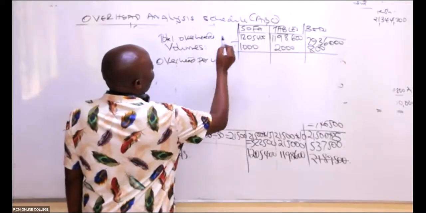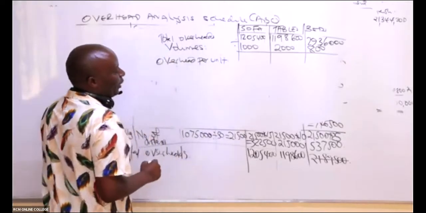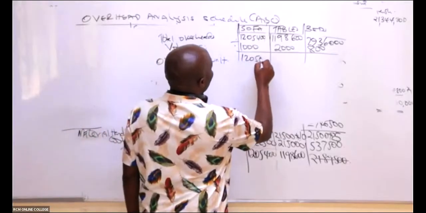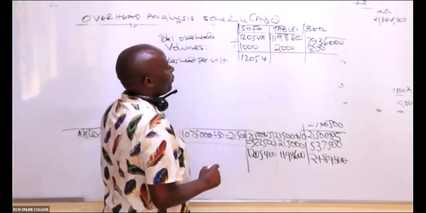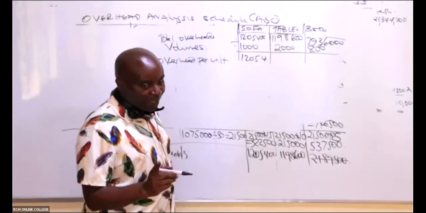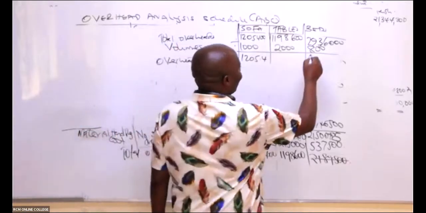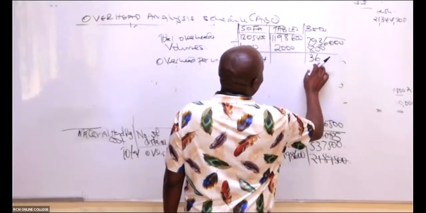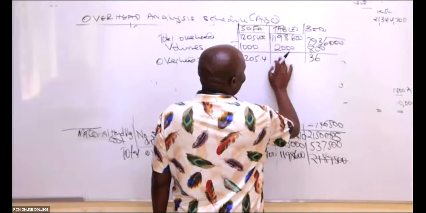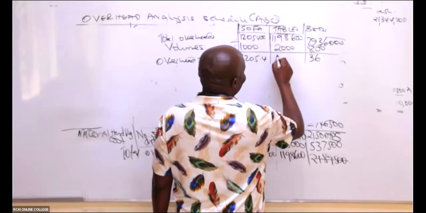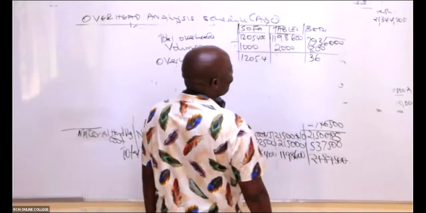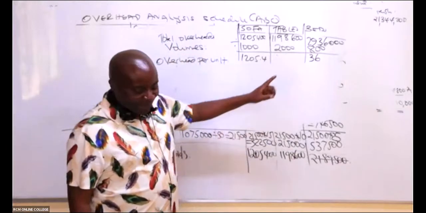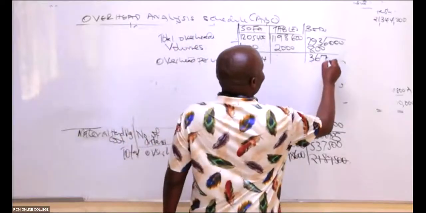So that means you divide, isn't it? Overhead per unit. So then this will be 1205.4. The last one, 36,70.